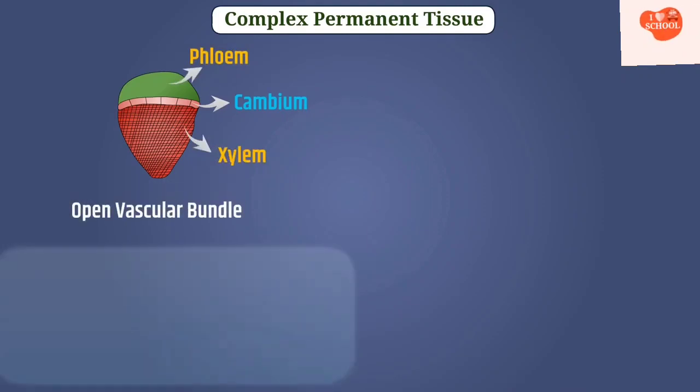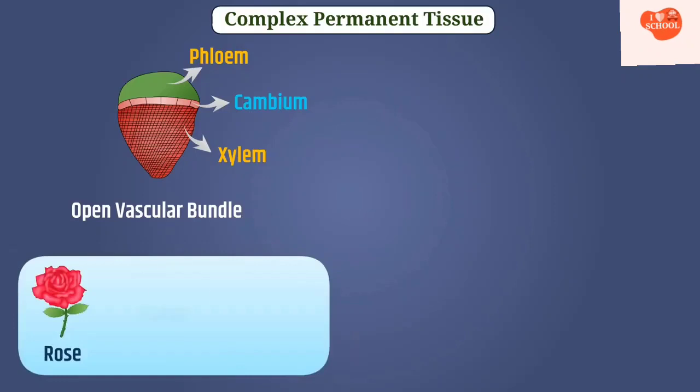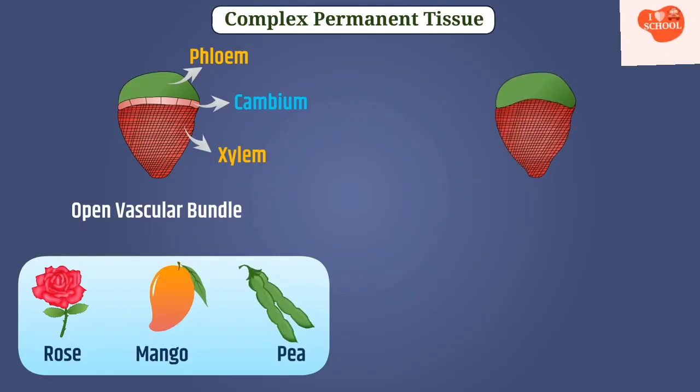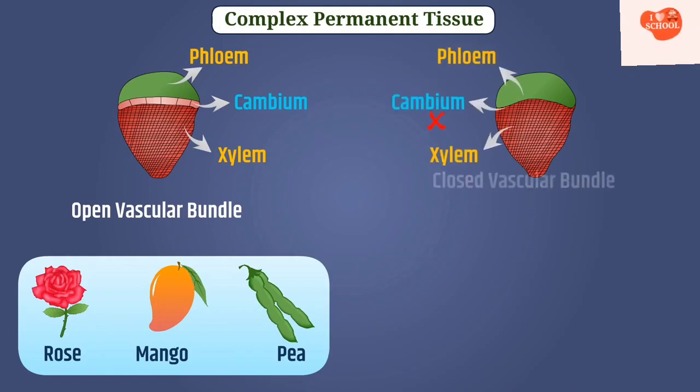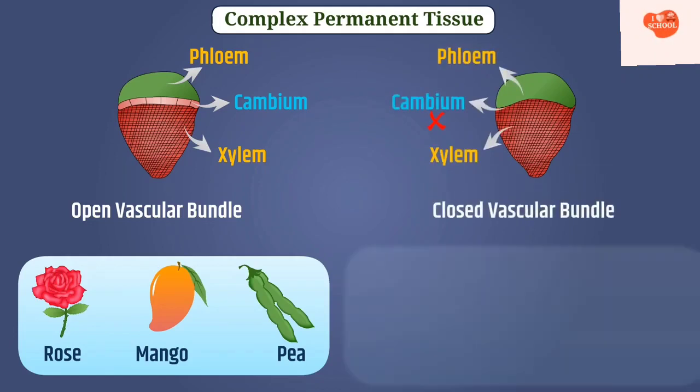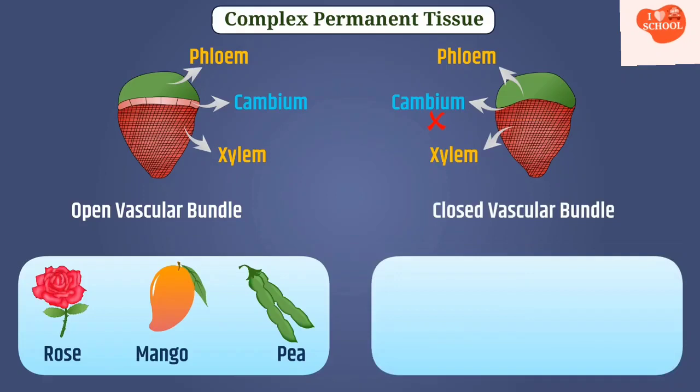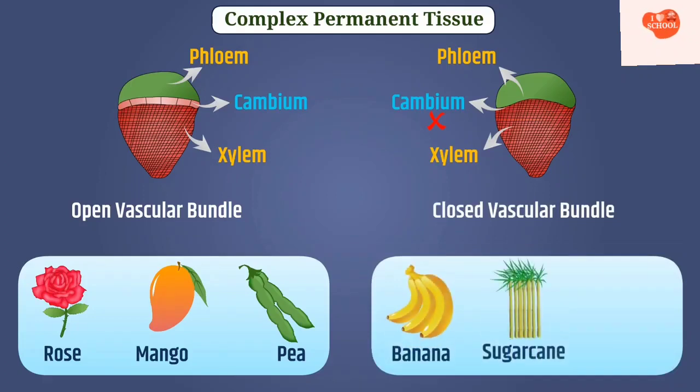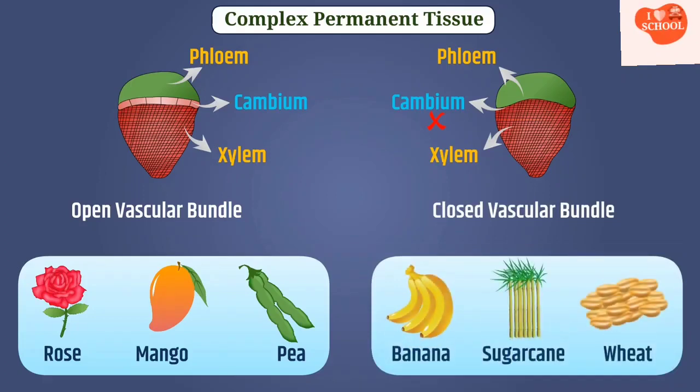For example, plants of rose, mango, and pea have an open vascular bundle, and a vascular bundle in which cambium is not present between xylem and phloem is called closed vascular bundle. For example, plants of banana, sugarcane, and wheat have a closed vascular bundle.